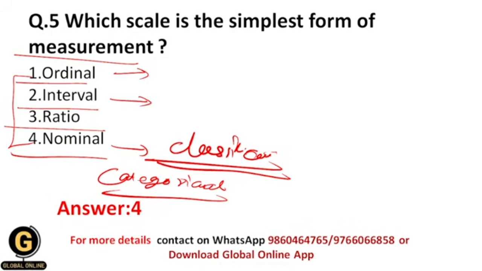Interval scales include classification, order, and equal intervals. Ratio scale includes classification, giving orders, then equal sizes, and as well zero. Basically there is an absolute zero, and that's why the highest level of measurement scale is ratio and the lowest level is nominal scale, which is the simplest form of measurement.